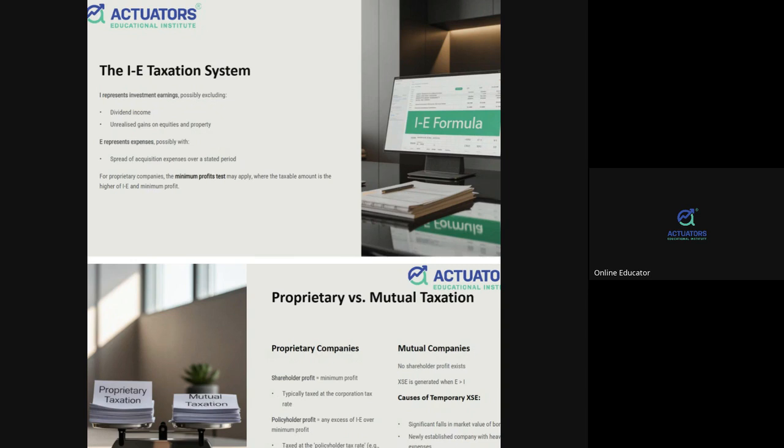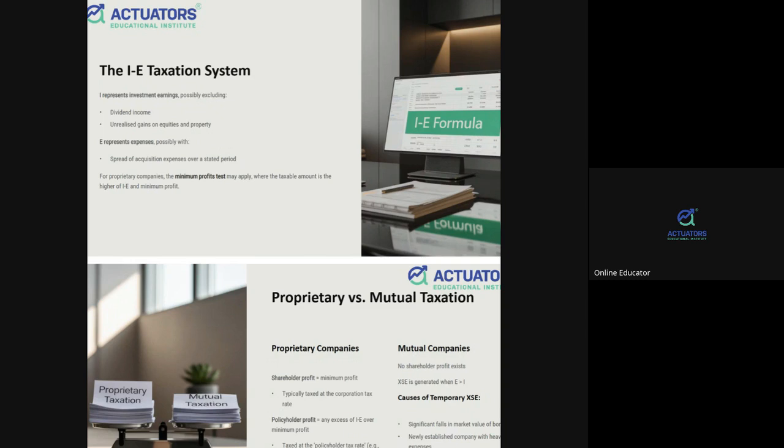A company is said to be in an excess E position when the company's minimum profit test bites. If the minimum profit test bites, it means the company was not able to take advantage of some expenses this year. Correct? There was some negative component in I minus E, which the company was not able to take benefit of this year.